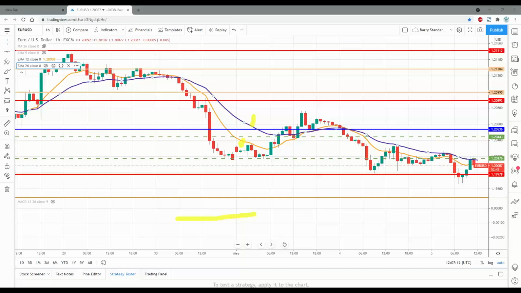So we take the value of the 12-period EMA, known as the faster EMA, and we subtract from it the longer period EMA, or the 26-period EMA. So what we're doing is we're taking this number, subtracting that number, and plotting it down here.